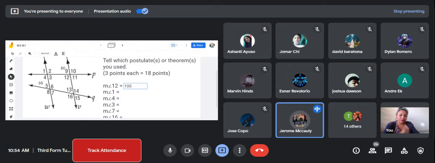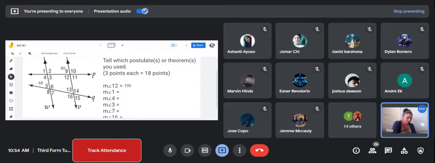Because it is a little bit more open than a right angle. Okay, if I were to ask you for a calculation, how would you show that you got 100? Make 180 minus 80, I think. Very good, Jamar.